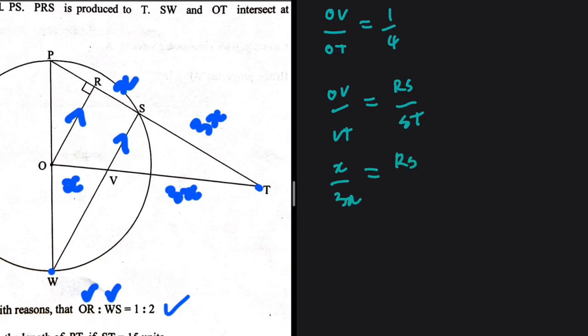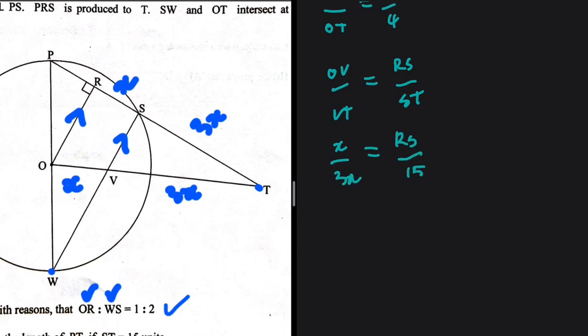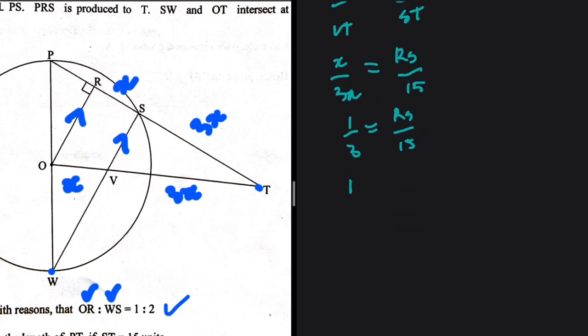RS, we don't know that one. And then ST is 15, right? So this is 1 over 3 being equal to RS over 15. So 3 RS is equal to 15. RS is equal to 5. Okay, so here we have 5.